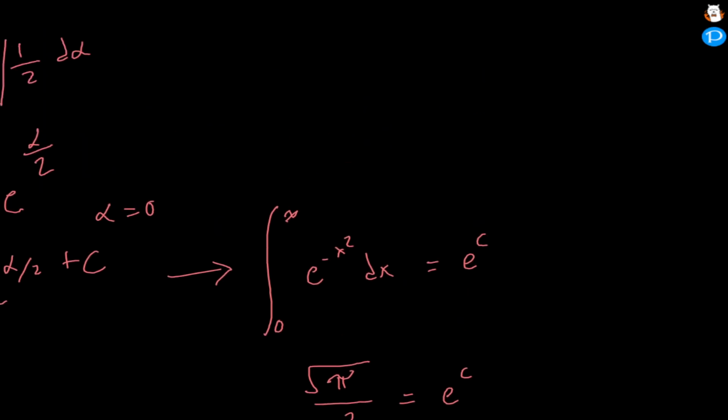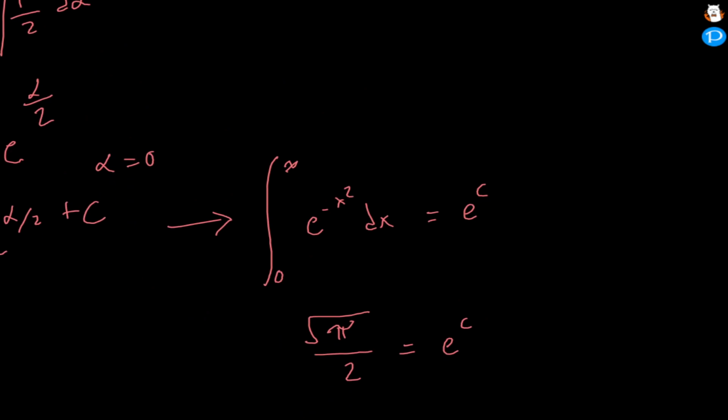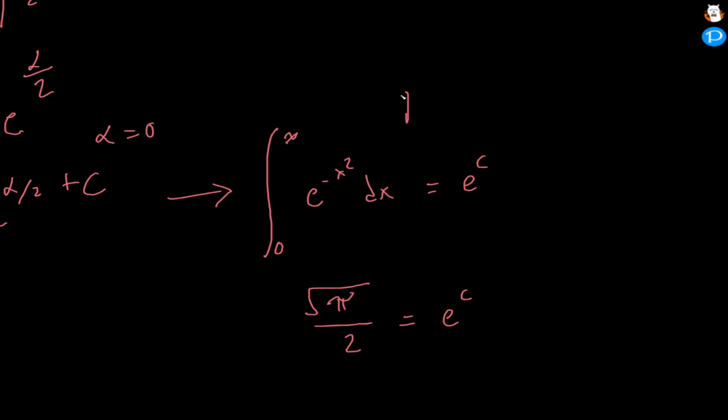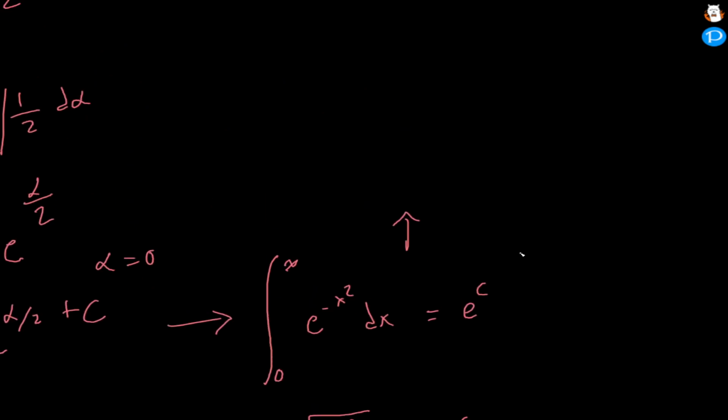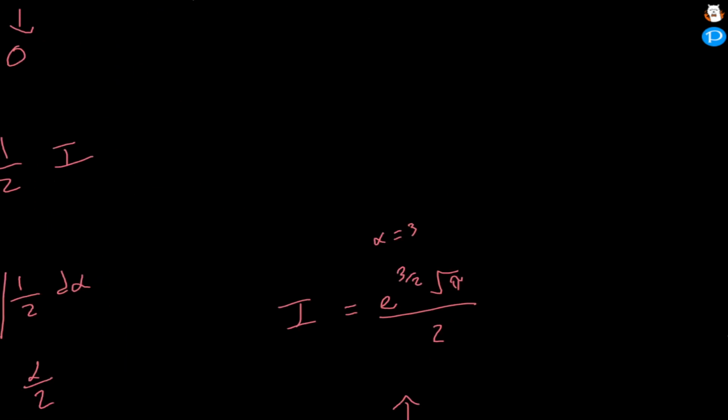And so now we can recall this integral, and we know the actual value for this integral, which is e to the c. If we put that constant equal to 3, because that was the original constant, it will be e to the minus 3 squared over 2 times the square root of pi over 2.